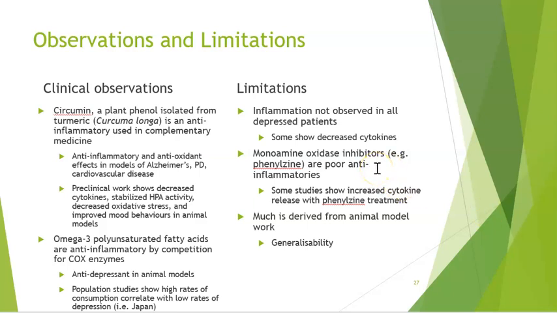Monoamine oxidase inhibitors, or MAOIs, are poor anti-inflammatories. So why are these antidepressants that aren't anti-inflammatory still having antidepressant effects if only the inflammation hypothesis is right? So again, it seems like it's a combination of multiple hypotheses that are correct.